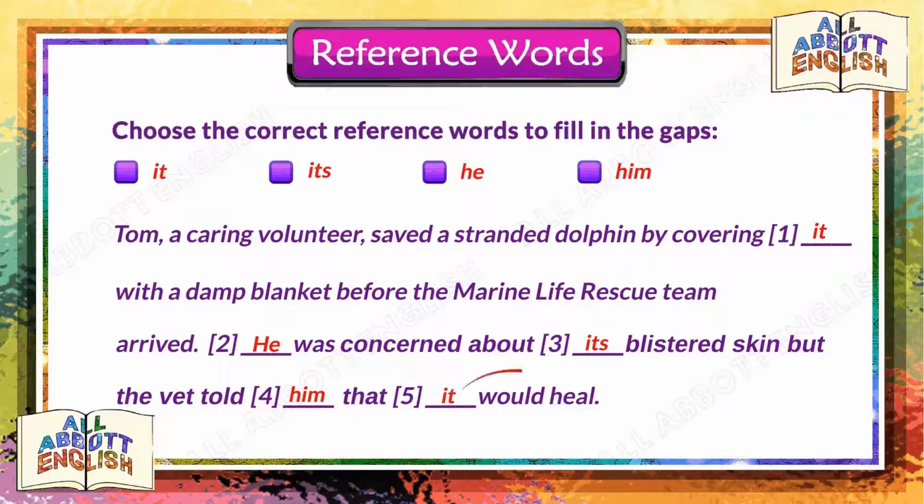It, in number 1, is an object pronoun, whereas it, in number 5, which refers to the blistered skin, is a subject pronoun.